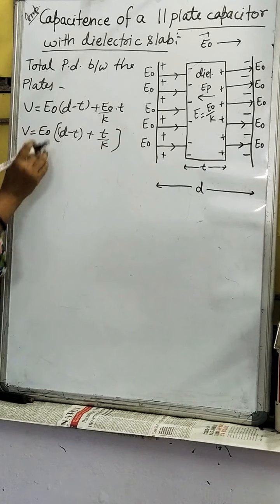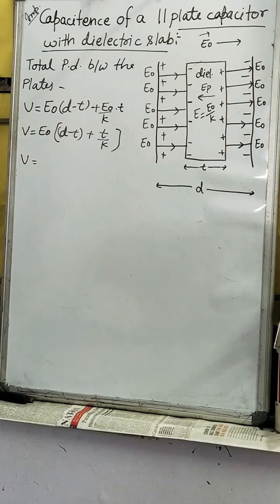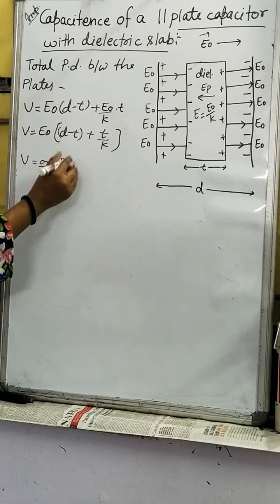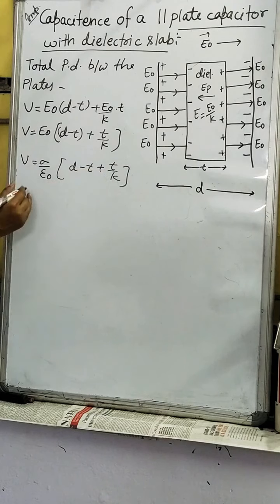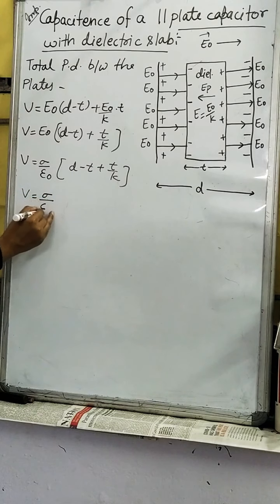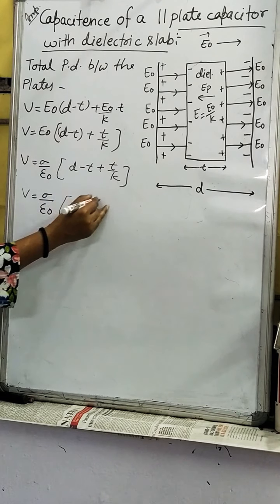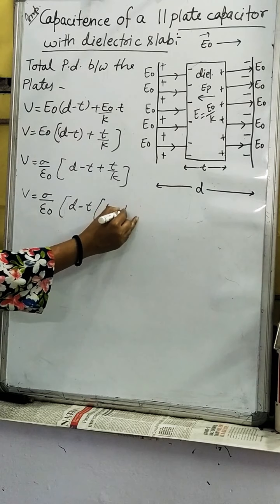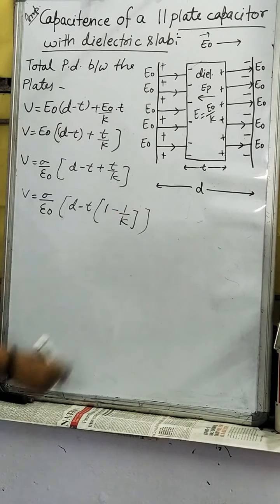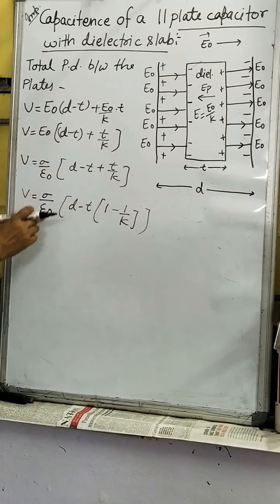If we write E in terms of charge density, then for the plates E naught equals sigma upon epsilon naught. I have done the derivation for that. Taking d minus t plus t upon K, we can take t as common: sigma upon epsilon naught, d minus t, and in the bracket, if we take minus t outside, there should be a plus, then 1 minus 1 upon K is left.